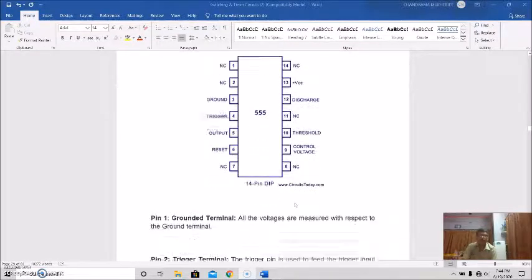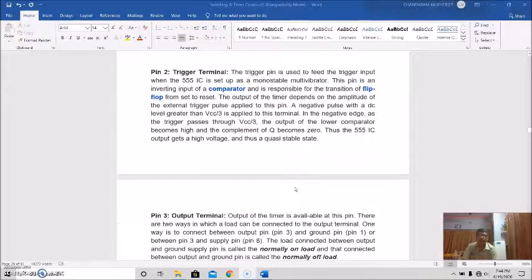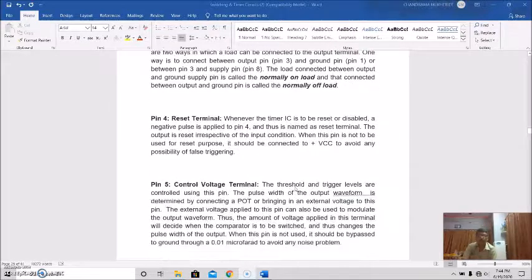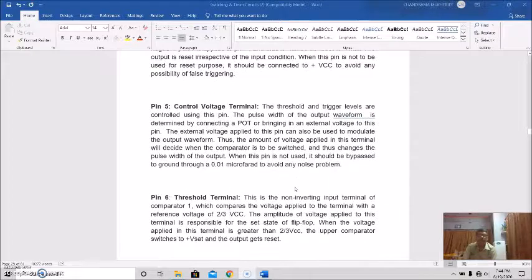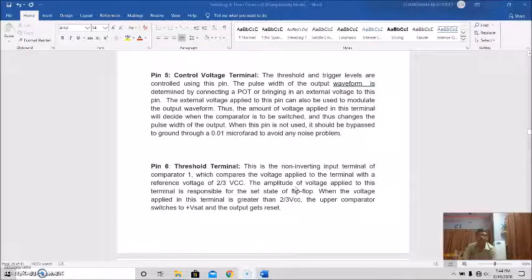Now we'll talk about pin 5, which is the control voltage terminal. The threshold and trigger levels are controlled using this pin. The pulse width of the output waveform is determined by connecting a pot or bringing an external voltage to this pin.